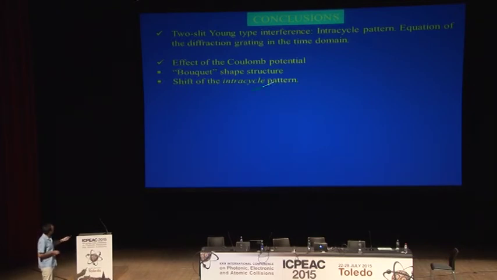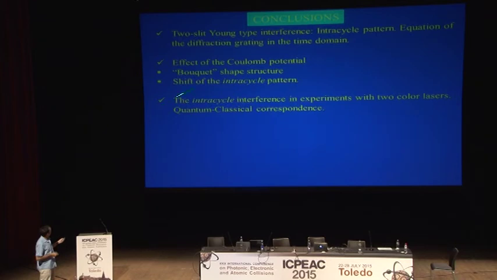Especially, this is crucial for the formation of the near-threshold bouquet-shaped structure. I also showed you two different experiments with two-color lasers, where the intracycle interference pattern could be measured and enhanced. And I have talked very little about quantum classical correspondence.